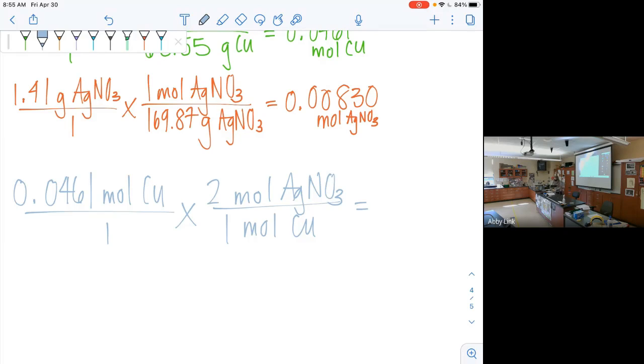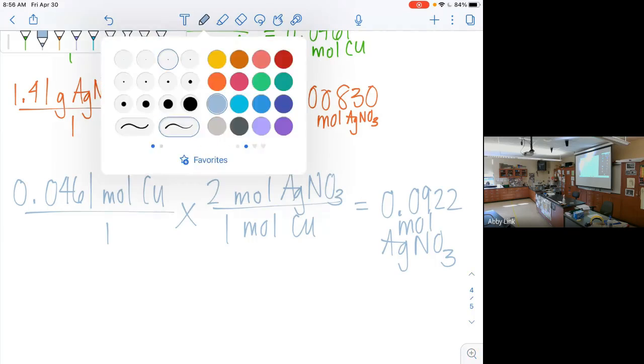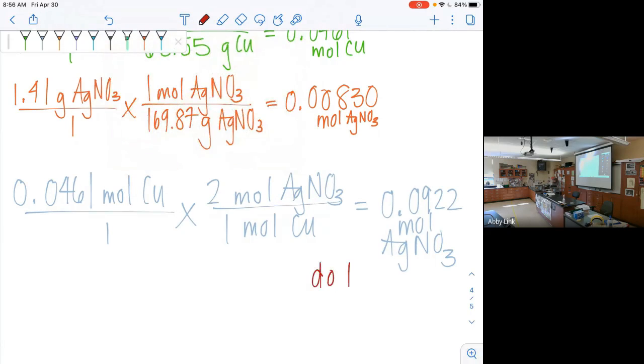That comes out to be 0.0922 moles of AgNO3. Now stop and ask yourself the question, do I have at least this amount?